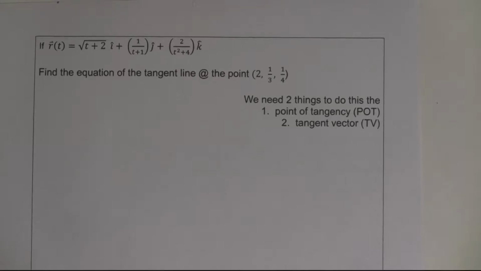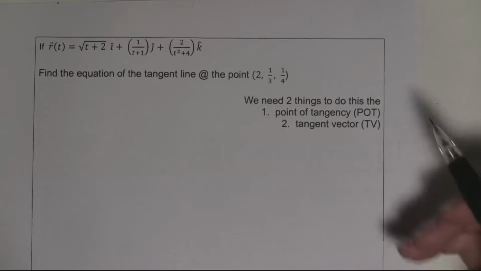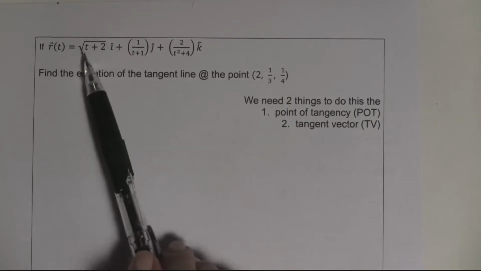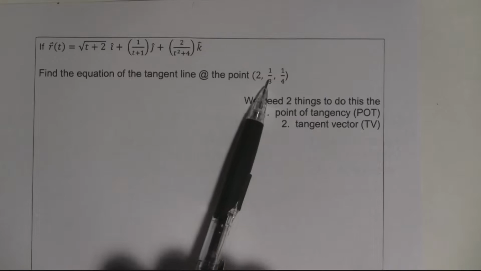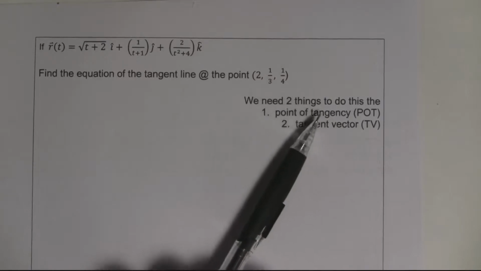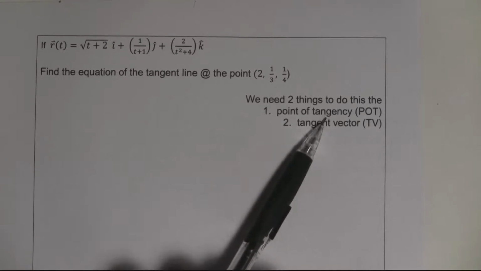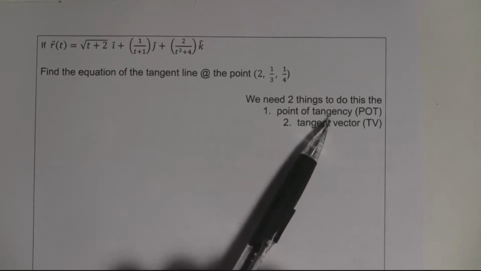It's asking me to find the equation of the tangent line at the point 2, 1/3, 1/4. So the things that I need in order to find the equation of the tangent line: I need a point on the tangent line, and that point should also be on your curve. They're telling us that this is a point on the curve, and that's where I want to find the tangent, so that's my point on my tangent line and my point on my curve.